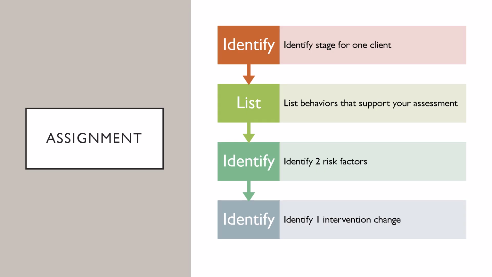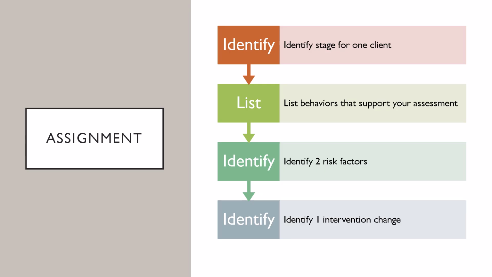So for your assignment, I want you to apply everything you've learned in this lesson to a real client. Start by identifying the stage of progression that they're in. Use specific behaviors and patterns to support your assessment. Then I want you to identify at least 2 risk factors that are contributing to their progression. Maybe it's biological, maybe it's psychological, maybe it's social.